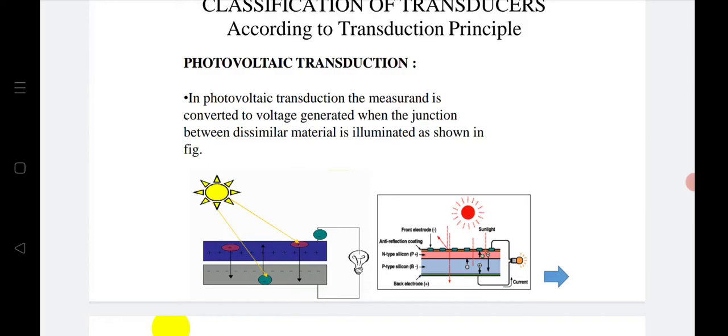At the junction of these two materials, there will be a change in the light, that is nothing but a change in the illumination, and it will be generated in terms of voltage. That type of transducers are known as photovoltaic transducers.